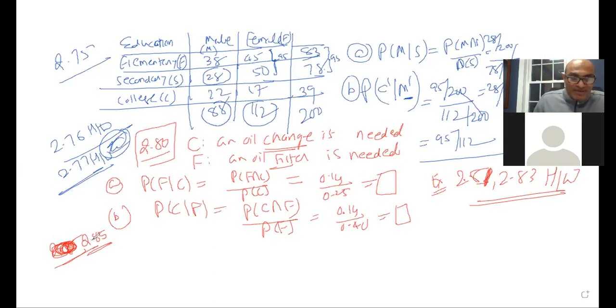Okay, guys, so let me write this one. Example number 2.85. Let me change this color now. Consider the events like this. Suppose A is the event, the doctor makes a correct diagnosis.